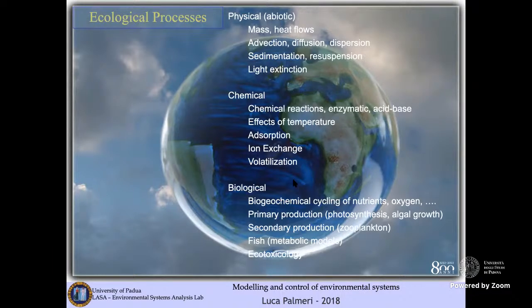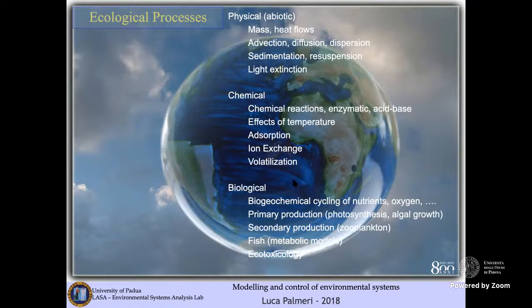These are all things that you have already seen. And we will just see some ways of modeling these physical processes, for example the CSTR model, and we will see several examples of mass flow. We'll discuss sedimentation, resuspension, and light extinction, which are the most important physical processes in the abiotic part of the story that ecological modelers should take into consideration.